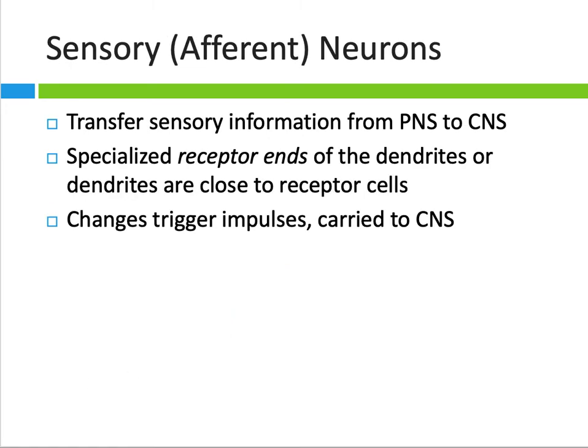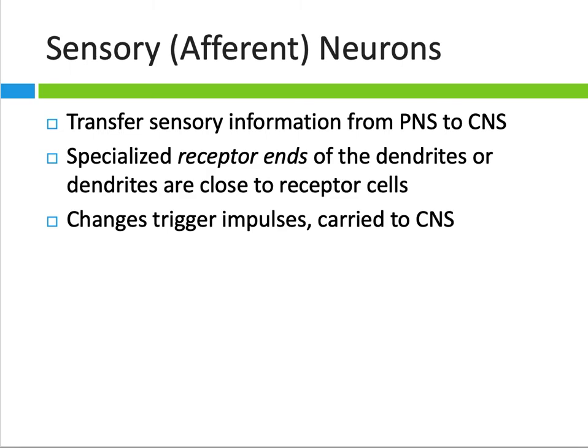The first type we'll look at are sensory or afferent neurons. These are going towards the central nervous system. So they're going to collect and then transfer sensory information in the peripheral nervous system and send it back towards the brain and the spinal cord. They have specialized receptor ends on their dendrites, or their dendrites are really close to sensory receptor cells.